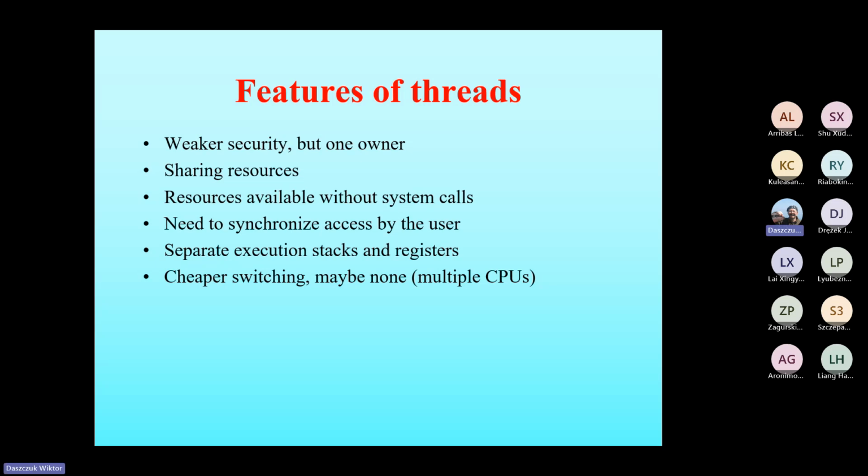So, of course, stack and registers of the process. If we switch between threads, we must save the registers of one thread and restore those of the second thread. So, some cost of switching between threads still exists, but the cost is extremely reduced compared to processes.